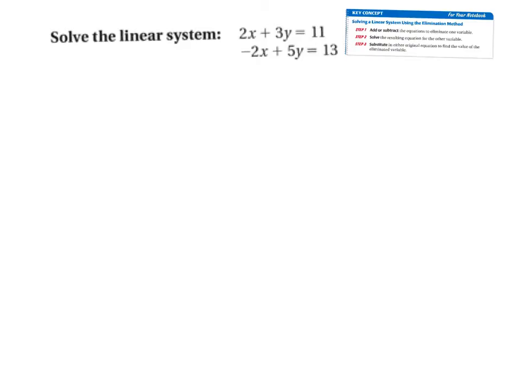All right. So these equations are set up very, very nicely for us because you can see that the x's in each equation, there's two x's in the first and there's negative two x's in the second. So if you were to simply add these equations together, watch what happens.